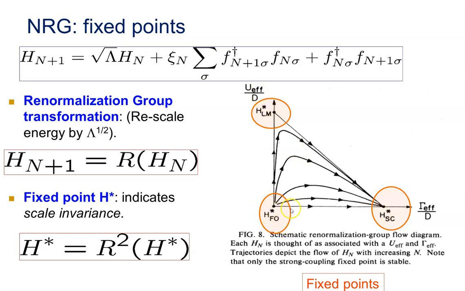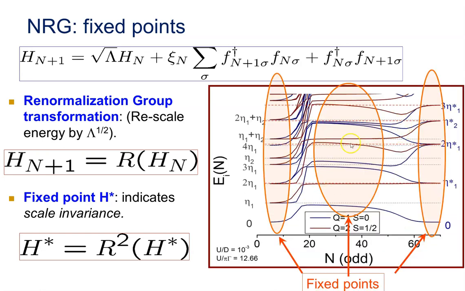So you sort of start on this one, go to the local moment one, and then at very low energies you flow, and that's the term, to the strong coupling fixed point. And you can see all these 3 fixed points in the spectrum of the RG. So this is the free orbital, this is the local moment, and this is strong coupling. And the Kondo temperature would be the energy scale where you transition into the strong coupling case.